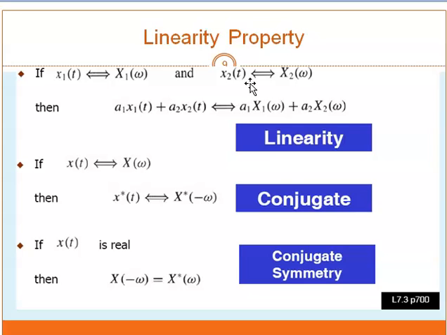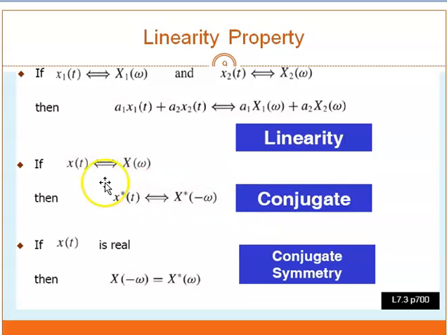When we perform the Fourier transform, we will get X2(omega). So the linearity property says that when you have a1 x1(t) plus a2 x2(t), and we perform the Fourier transform here, it will become a1 X1(omega) plus a2 X2(omega).